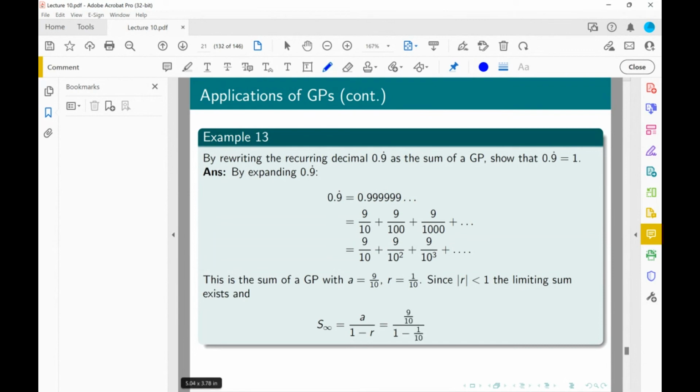That's 9/10ths over 1 minus 1/10, but that denominator is simply 9/10ths. So we're dividing the first term by an equal denominator, so it's just 1. So S infinity is 1, and that's 0.9 repeater. I did neglect to put that last line in, but I would note that 0.9 repeater is 1.